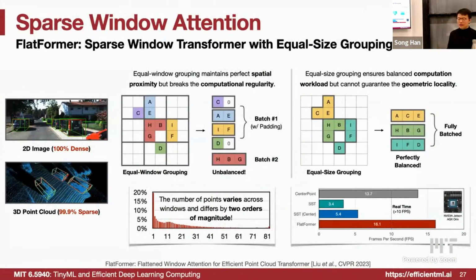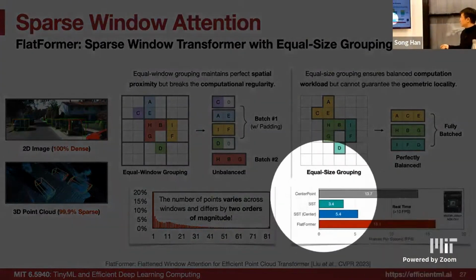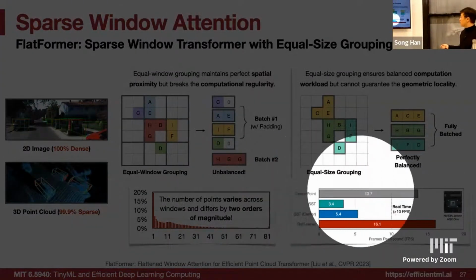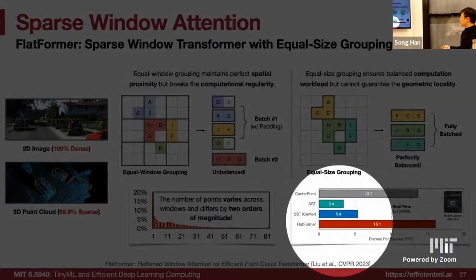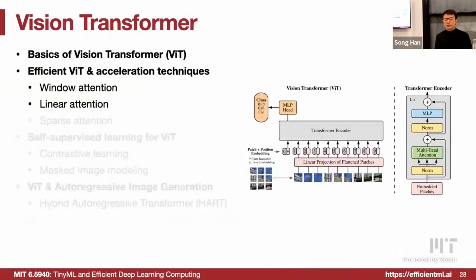That's perfectly balanced, and as a result, it is much more hardware friendly and can run much faster compared with different transformer-based models and even faster than convolution-based models. This is the convolution-based model, this is a transformer-based model, measured on an NVIDIA Jetson Orin driving chip. So this is using window attention and sparse window attention.